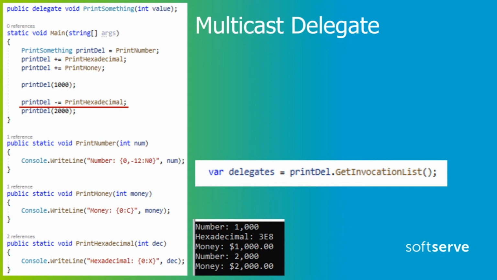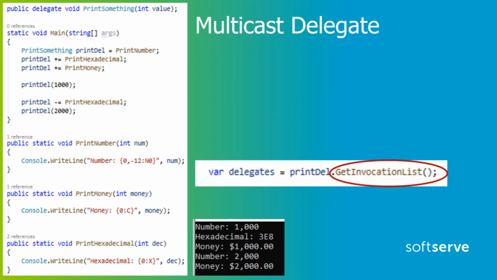The plus operator adds a function to the delegate instance. In the example, the delegate PrintSomething becomes a multicast delegate because it points to several methods. We'll call all methods sequentially, so we can get a list of delegate calls.